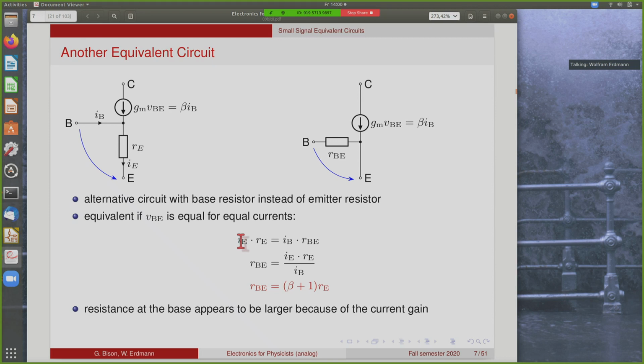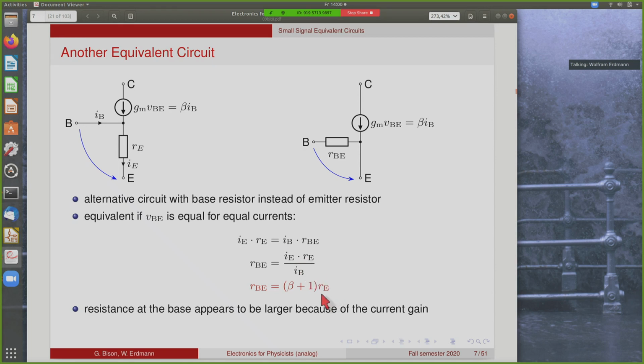On the left-hand side, the base emitter voltage is the emitter current times this resistor, and on the right-hand side, the base emitter voltage is the base current times this resistor. So the voltage drops across these resistors must be the same for the same currents, and this simply means that RBE is equal to IE times RE over IB, and this ratio here is beta plus 1.